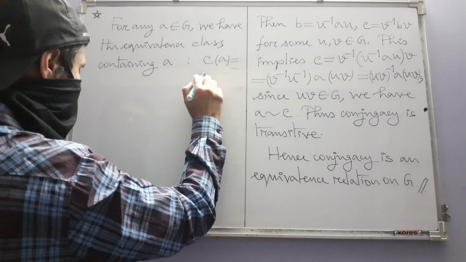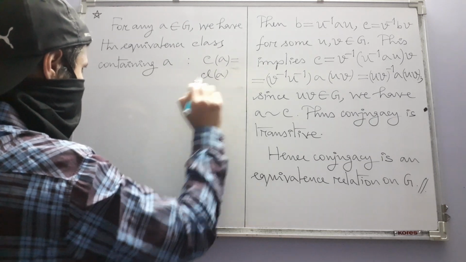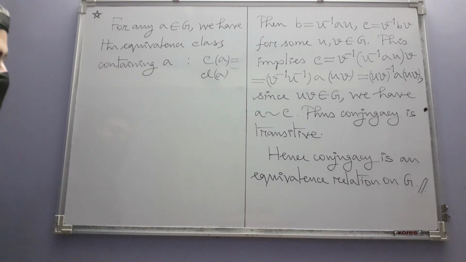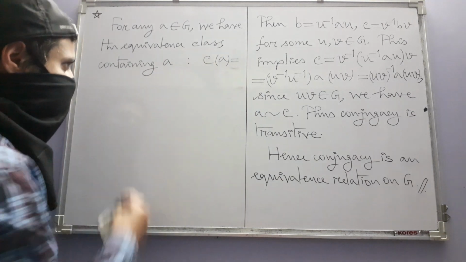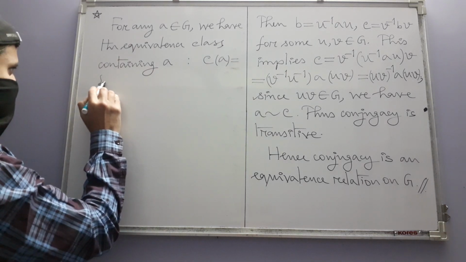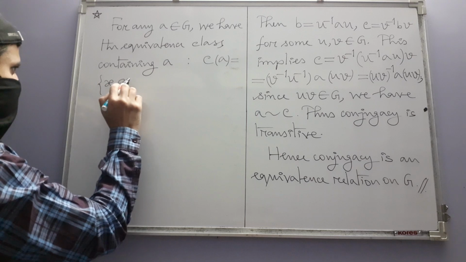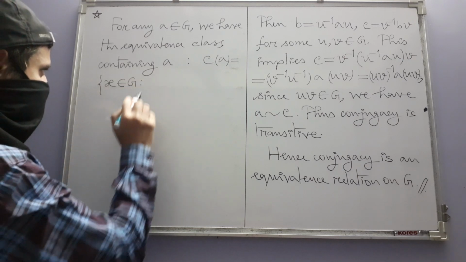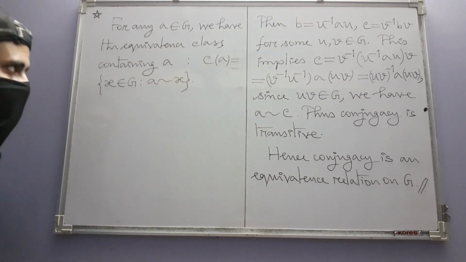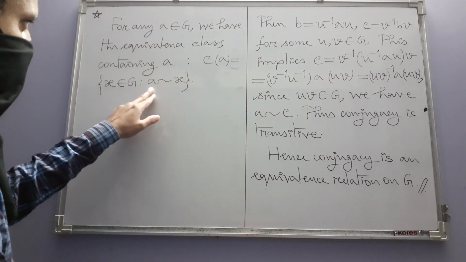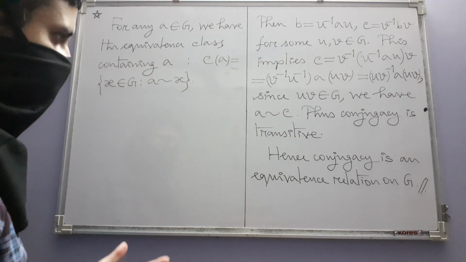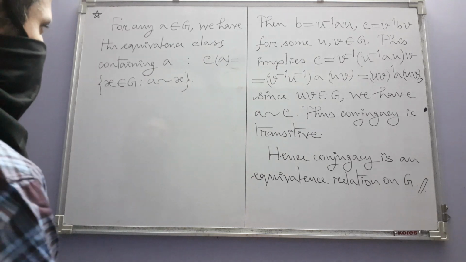C of A, or sometimes class of A. So this C of A by definition is nothing but the set of those elements in G that are related to X. And it does not really matter whether you write A tilde X or X tilde A due to symmetry of the relation.